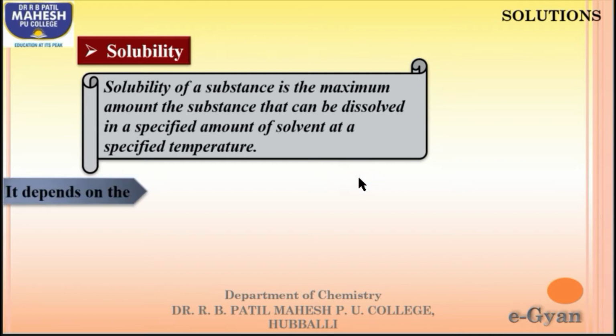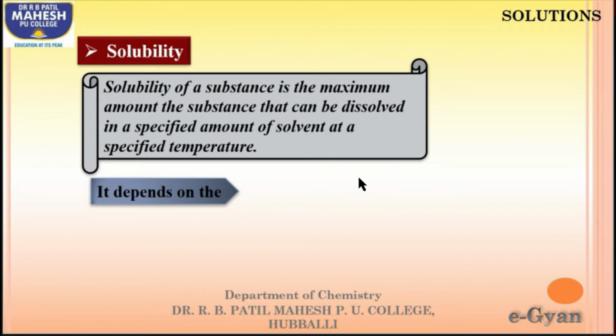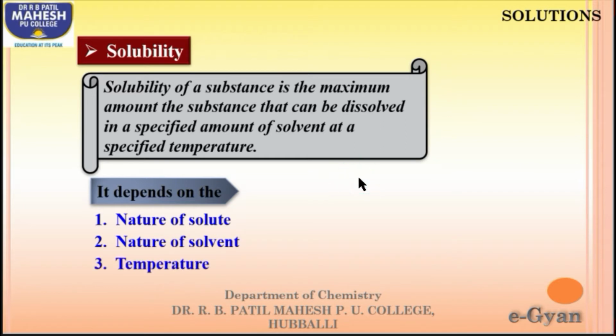So, it mainly depends on the nature of the solvent, nature of the solute, temperature and pressure. These are the 4 factors which will affect the solubility of solute in the solvent. How does the solute vary? For example, if you are taking a solid substance, it can be an electrolyte.